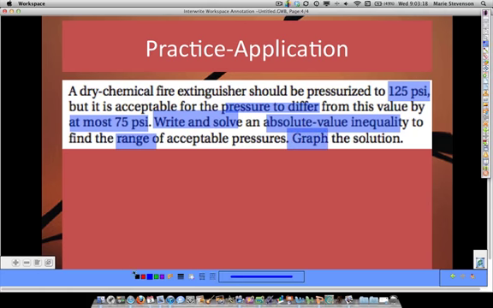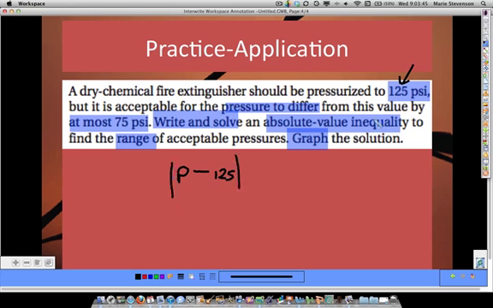Again, we're going to use P because we're talking about pressurized. It looks like a dry chemical fire extinguisher, so usually that's like a powder or something in there that's pressurized. So, P's in the middle. Pressure to differ, so minus. The base, or the main pressure, should be 125, so that goes inside. There's our absolute value.